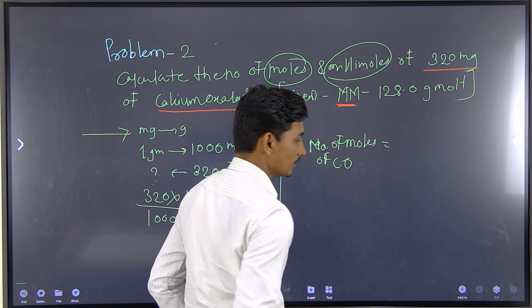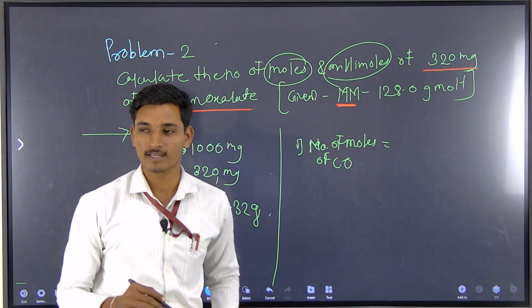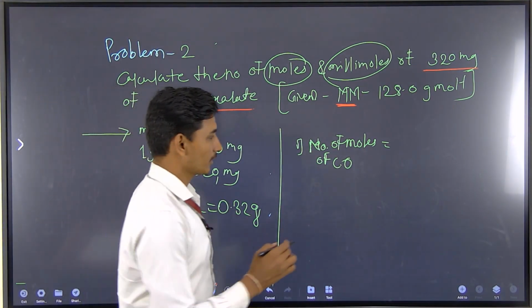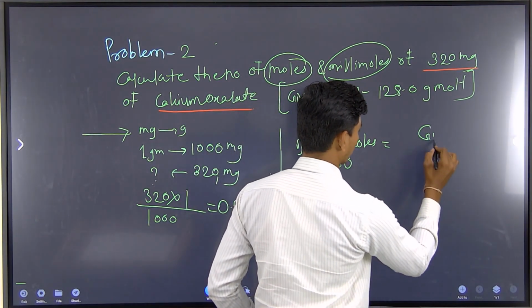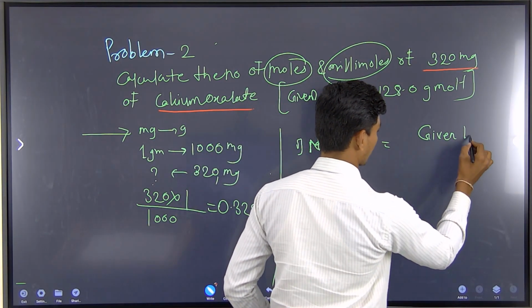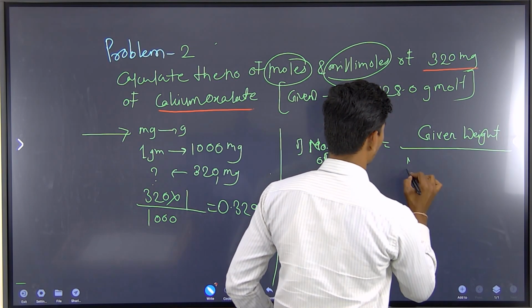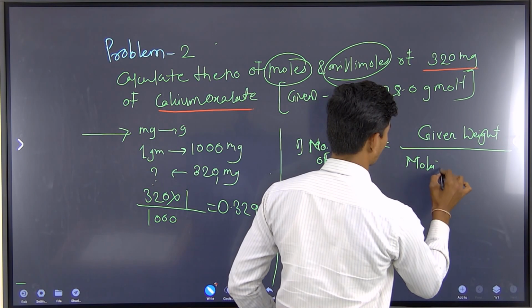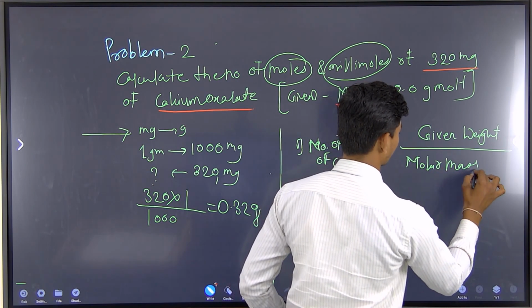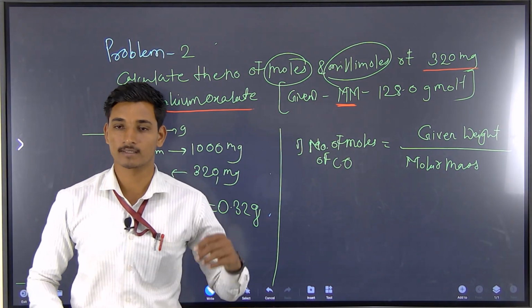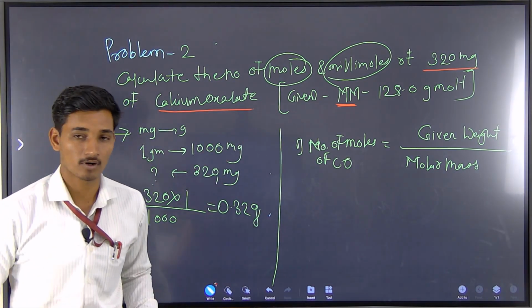We know the formula: given weight divided by molar mass of the given chemical compound, here calcium oxalate.